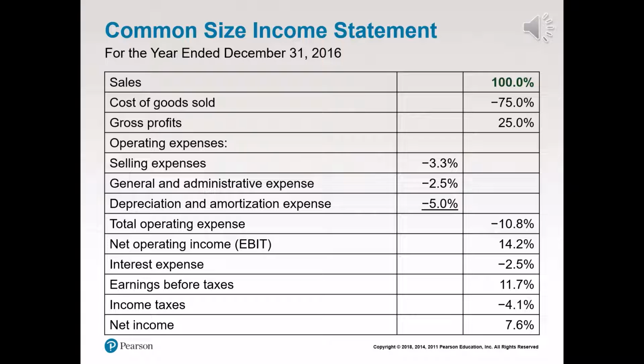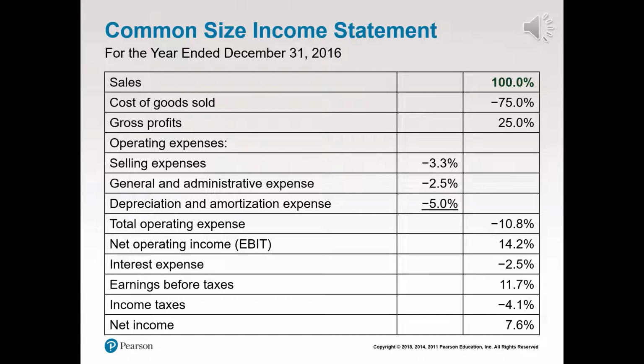Common size financial statements are one way that we prepare numbers so that we can compare them easily with previous years, competitors, and other companies in industry. Here's a common size income statement. A common size income statement is an income statement in which each line item is expressed as a percentage of sales.